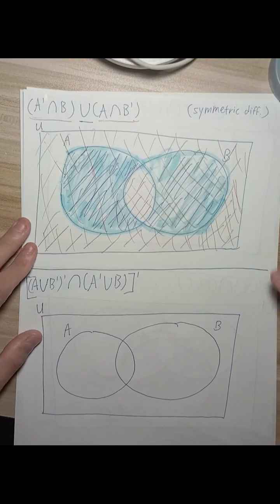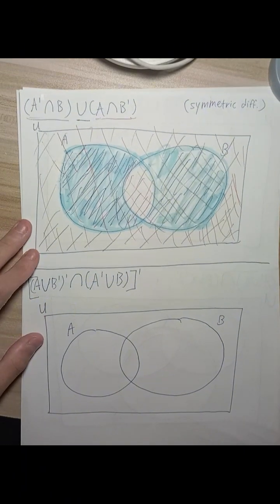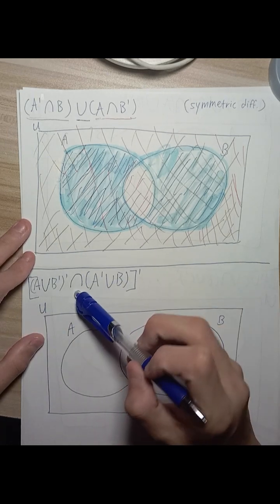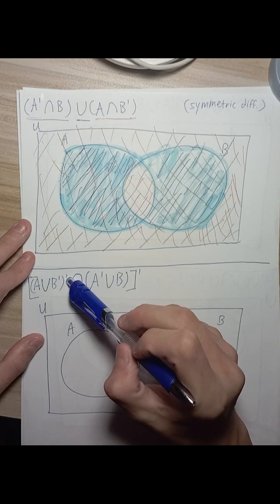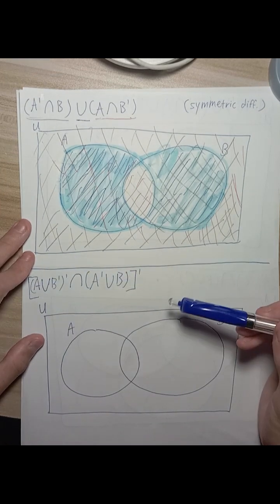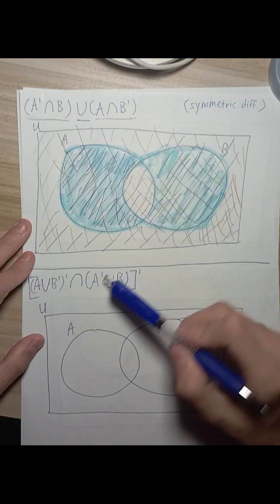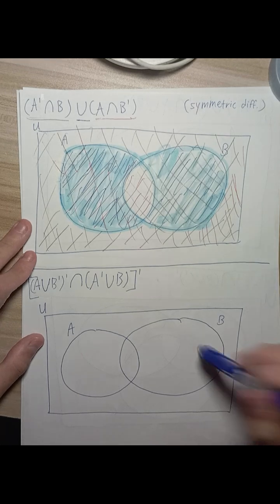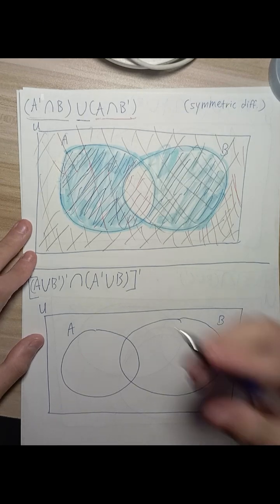Okay, so next problem, we have the prime of the intersection of the prime of the union of A and B prime and with the union of A prime and B. So first, you must also find the main operator, right?